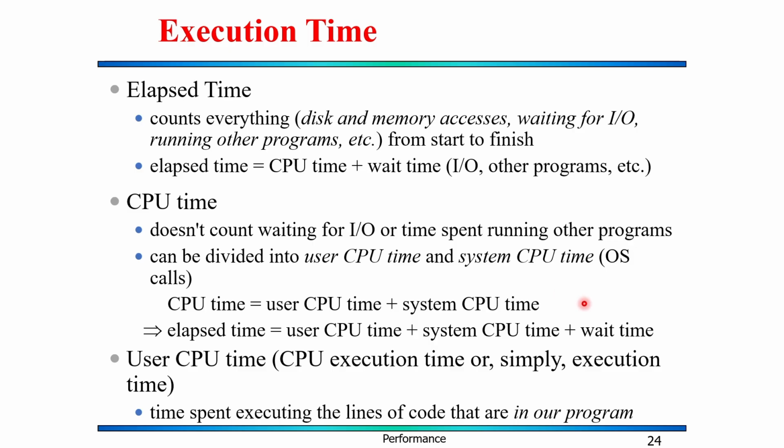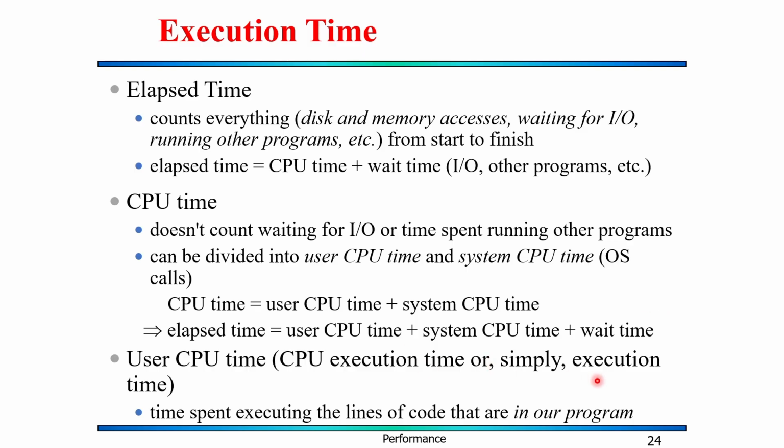User CPU time is the time spent executing the lines of code that are in our program, while the system CPU time is the time spent in operating system calls made on behalf of our program. So CPU time equals user CPU time plus system CPU time. So this means elapsed time equals user CPU time plus system CPU time plus wait time.